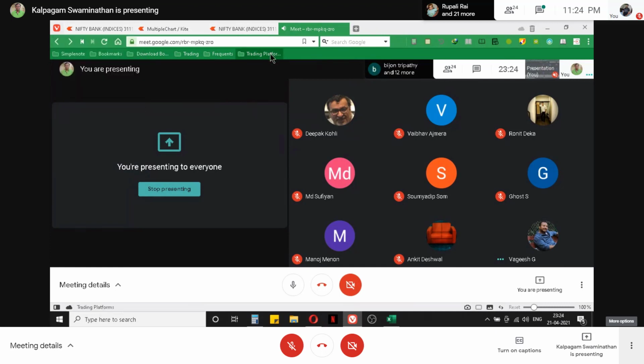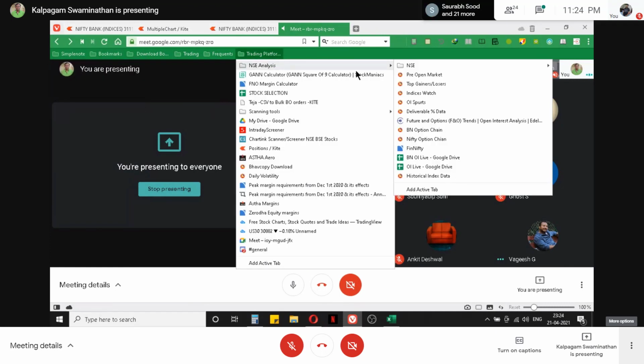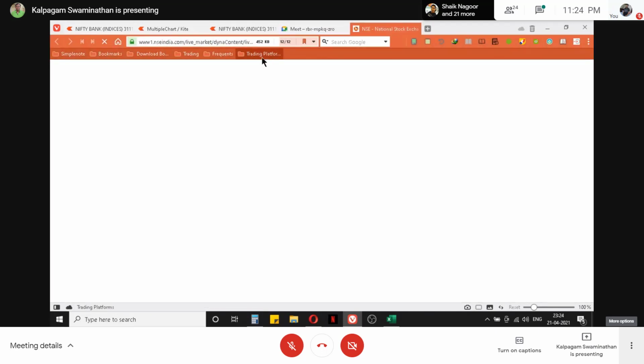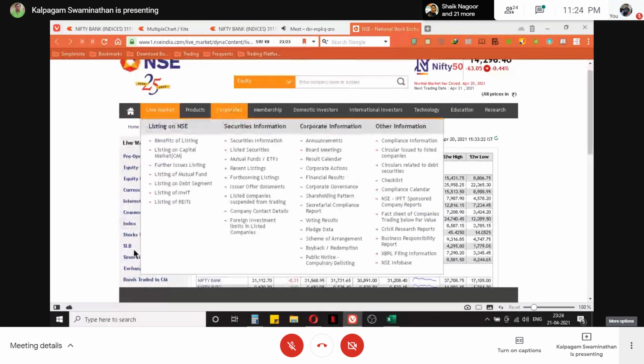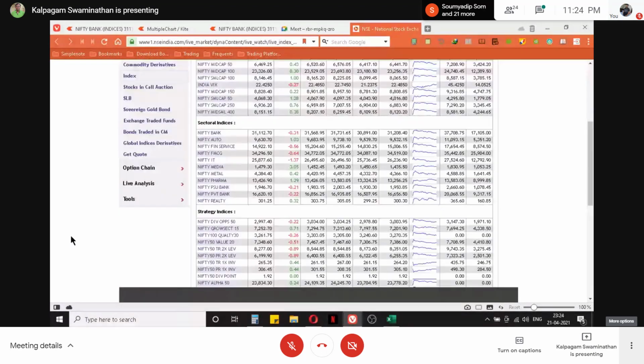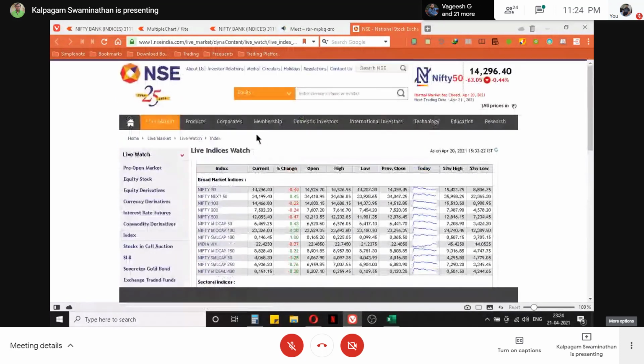See, when you're trading stock options, you have two choices. One is you can go to the indices watch and look at the sectoral indices. If Nifty is red, you look at the top losers here.